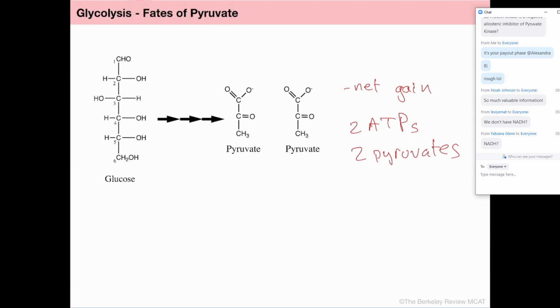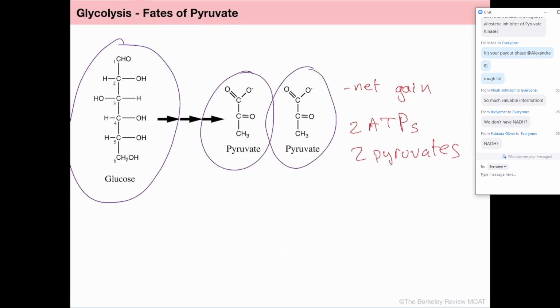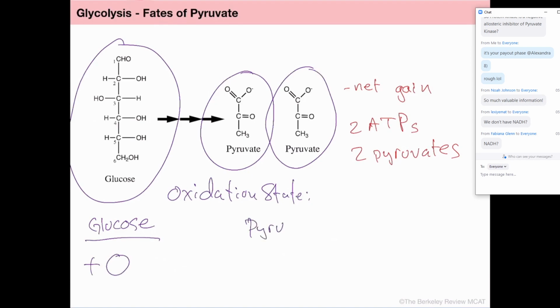Yes, NADH is out of whack. And what specifically is out of whack? If you look at the oxidation states of this molecule and these molecules, you'll notice that glucose has an oxidation state of +0, and pyruvate has an oxidation state of +2.